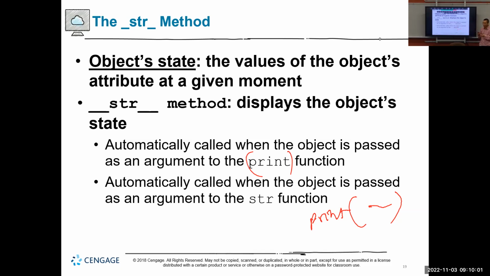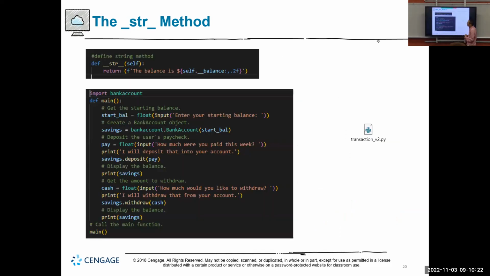So think about the case of the coin, the status of the coin is only head or tail. But in the case of the bank account, the status of the bank account is the current balance. So basically, you can define the string method here, and you can use this combination when you use the print function here. So that's the example you can see here.